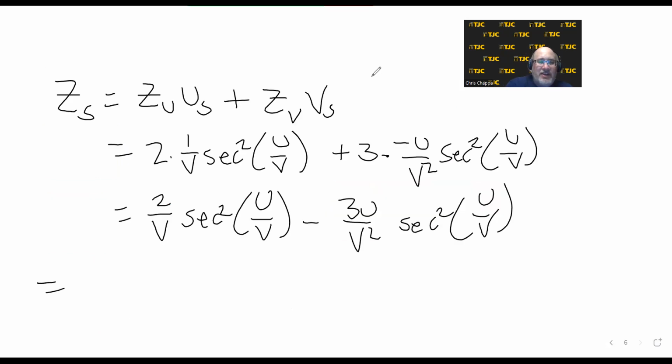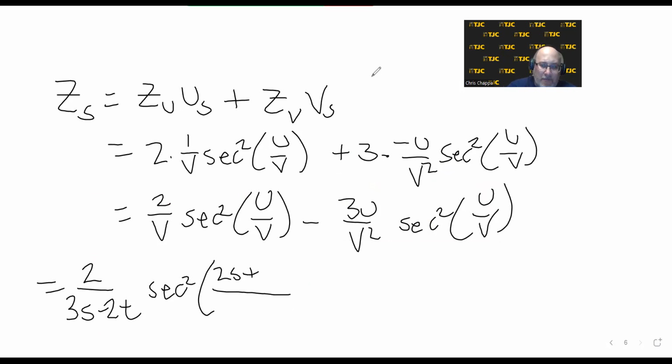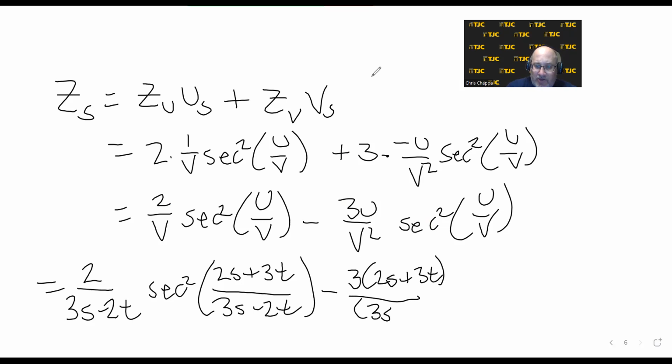So as a function of s and t, we have 2 over v, which was 3s minus 2t, times secant squared of u, which was 2s plus 3t, over v, which was 3s minus 2t, and then minus 3u, so minus 3 times 2s plus 3t, over v squared, so (3s minus 2t) squared, secant squared, u over v, which is 2s plus 3t over 3s minus 2t.